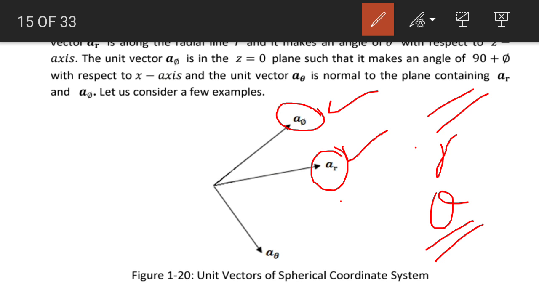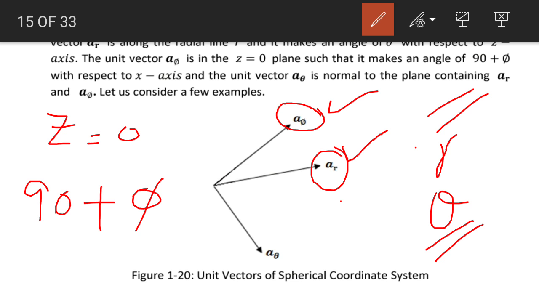We know that this unit vector a_phi is in the z = 0 plane, and it makes an angle of 90 plus phi with respect to the x-axis. So you will have to consider the unit vector a_phi in the z = 0 plane, and this unit vector will make an angle of 90 plus phi with respect to the x-axis.